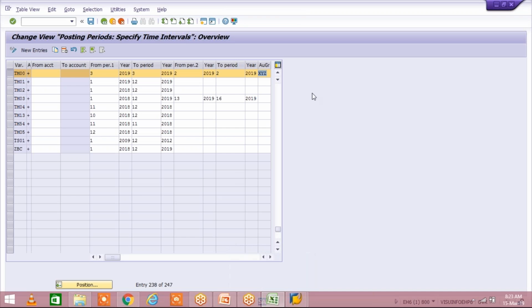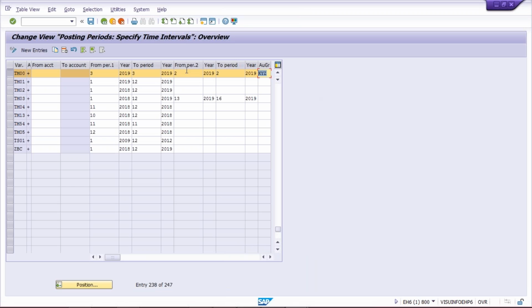Actually in OB52, we have an option, a column called authorization group. So generally, if we have to open a period for a particular user, then we are going to open this period against that particular authorization group. We are going to open the required period against that particular authorization group.